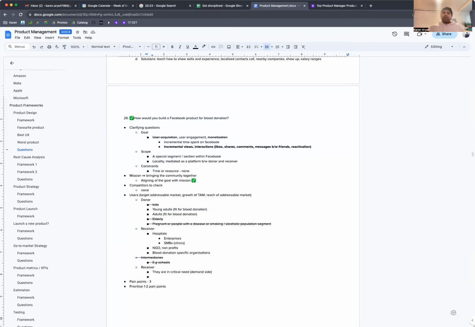But if the receiver actually gets appropriate blood on time, they can help in emergency situations as the go-to place. An individual might not be the go-to person in all emergency situations, but definitely a hospital can be. So from a criticality emergency perspective, from a demand perspective, it makes sense to prioritize the receiver in this case.